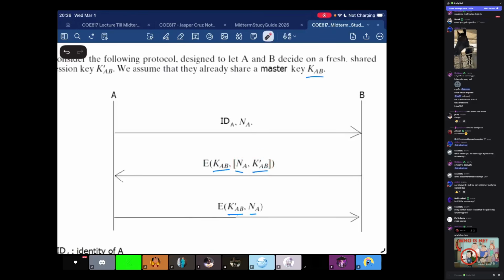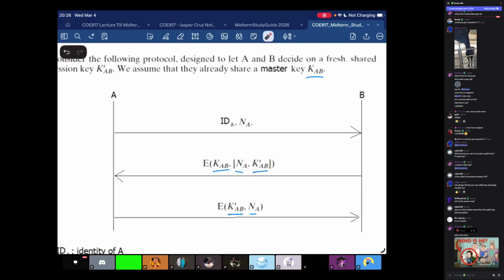This proves that the nonce sent by A was resent by B to show that, okay, I'm responding to the request you just sent. That's the purpose of the nonce.